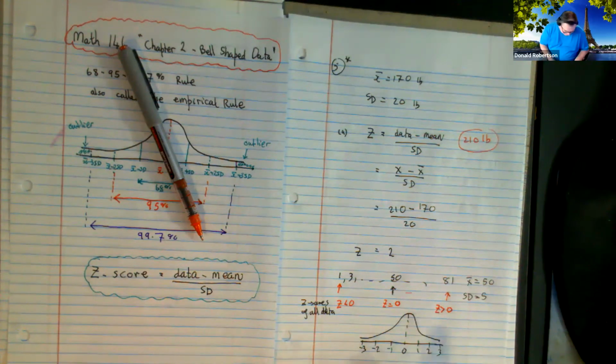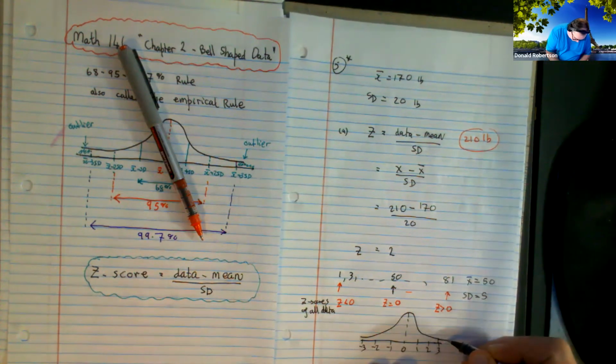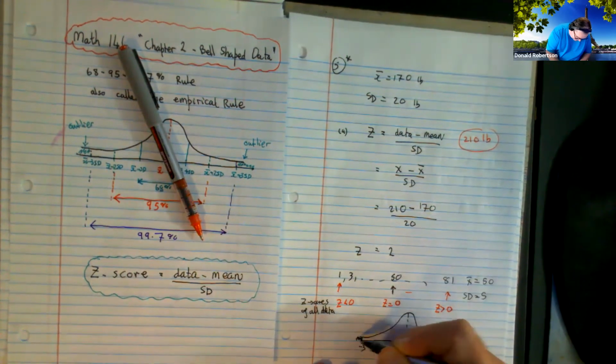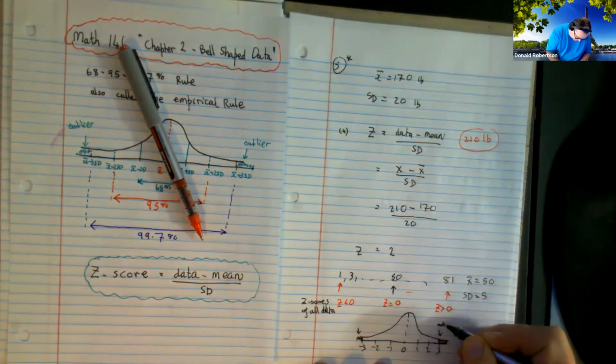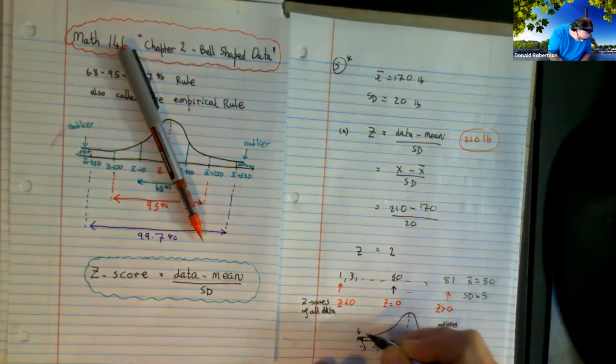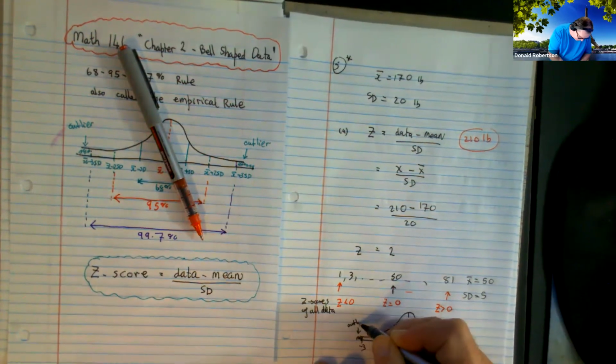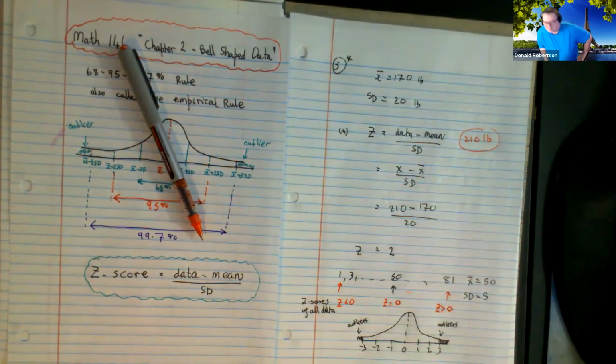In fact, if you do z-scores, can you see something that we've used lots of times? Isn't this where the outliers live? Remember the test for an outlier? The mean plus or minus 3 standard deviations.